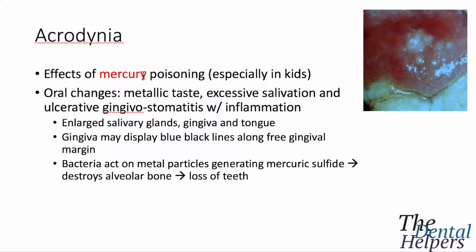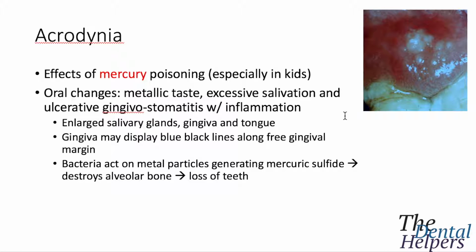What happens is you have excessive salivation, metallic taste, and ulcerative gingivostomatitis with inflammation. There's going to be enlarged salivary glands, gingiva, and tongue. Gingiva may have blue-black lines along the free gingival margin, so what we see right here.